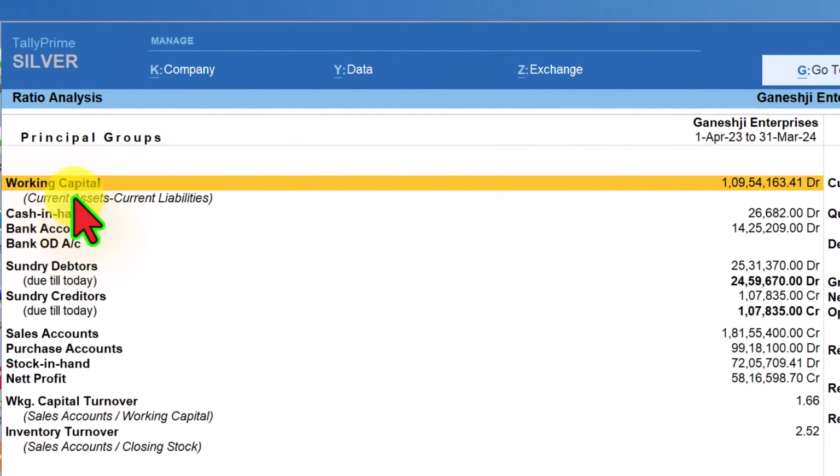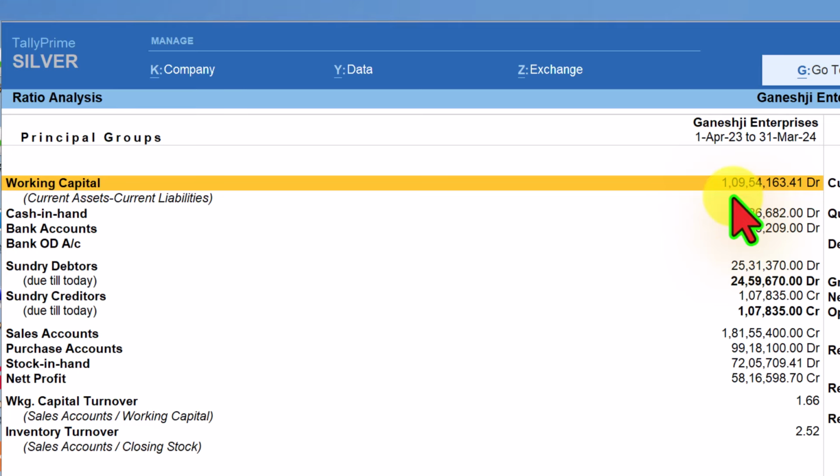To arrive at the working capital, as we all know, it is the total of current assets minus the current liabilities. The company has a working capital of 1 crore 9,54,163.41.